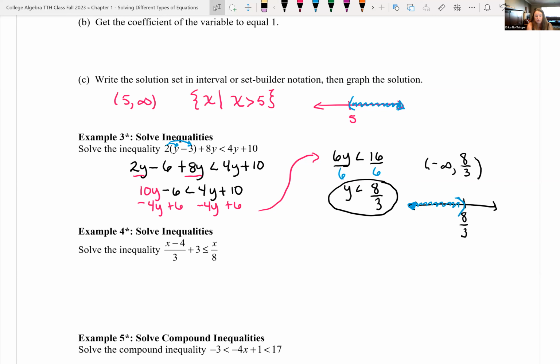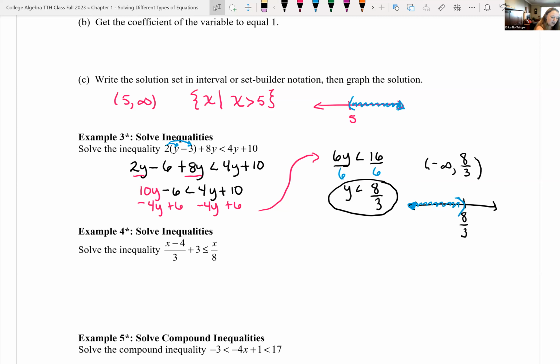Recall that when we had equations with fractions, we cleared our fractions by multiplying by the LCD. We can do the same thing when we're dealing with inequalities. So I would look for my least common denominator. I have 3 and 8 in my denominators, so the smallest thing that both 3 and 8 divide into is 24.